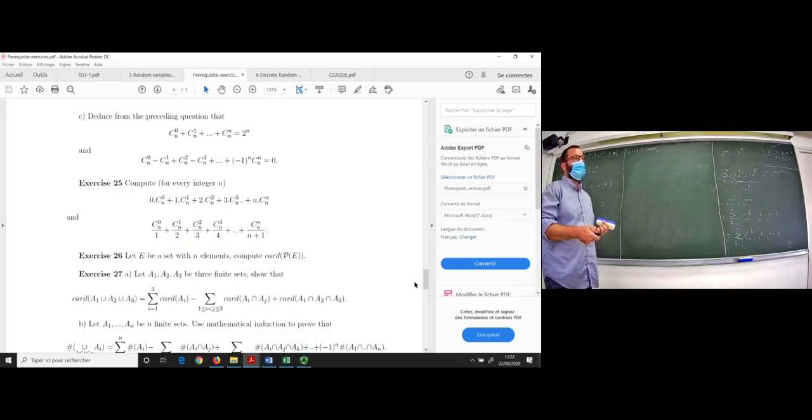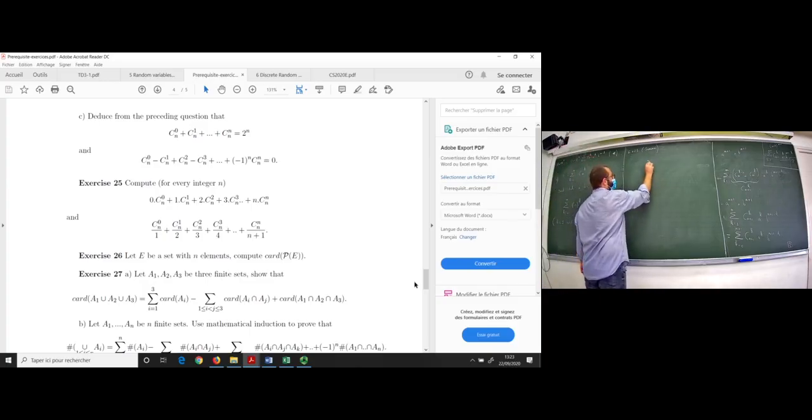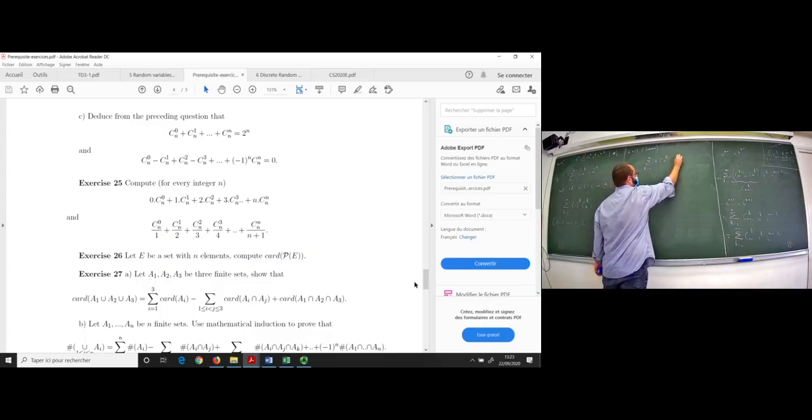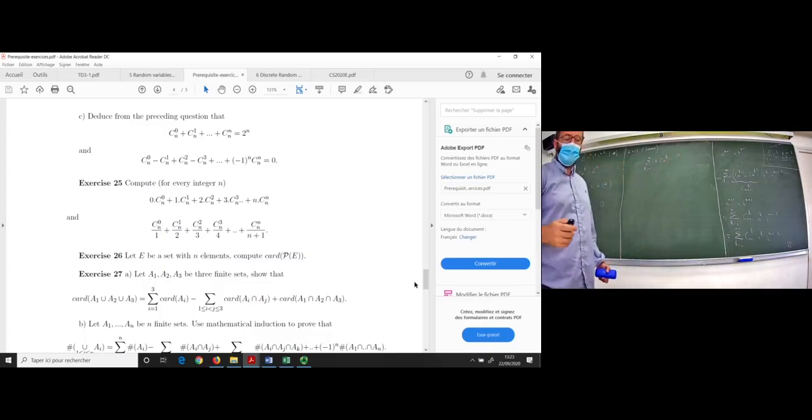This sum is not very different from the previous one. Here I have the sum of the C(n,k), but here I have 0 times C(n,0), 1 times C(n,1), 2 times C(n,2), and so on. So what I am interested in, in fact, is the sum from k equal to 0 to n of k C(n,k). It's what I want to compute, exactly what I have written here, and I write it using the summation notation.